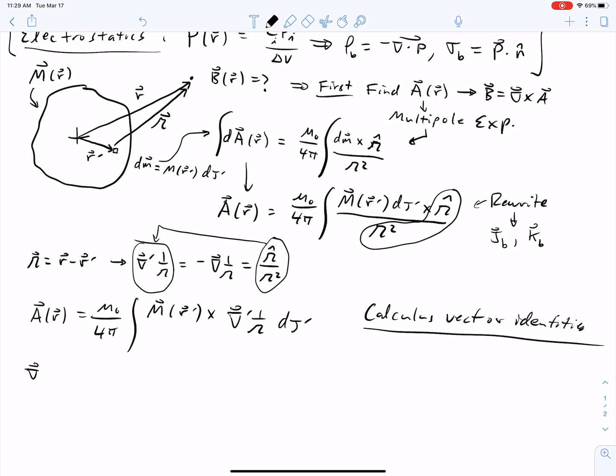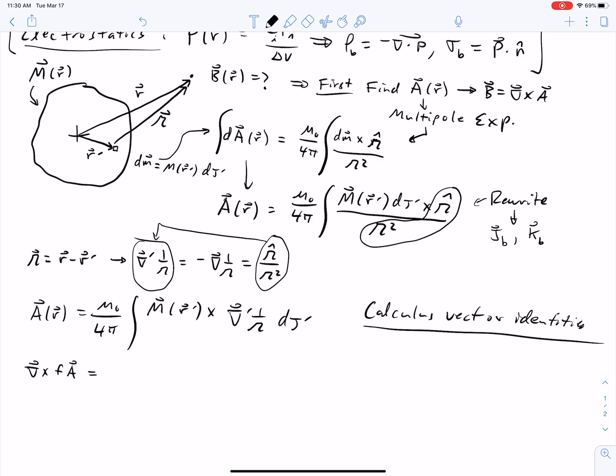Let's start. If I take the curl of an arbitrary scalar f times an arbitrary vector field A, then using a product rule, this is equal to f del cross A plus del f cross A. I can just rewrite that del f cross A, reversing it, as minus A cross del f, and then I can pull that to the other side.